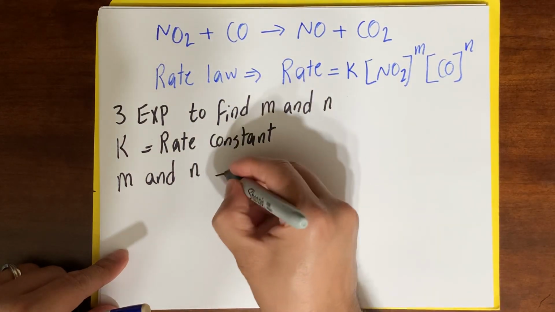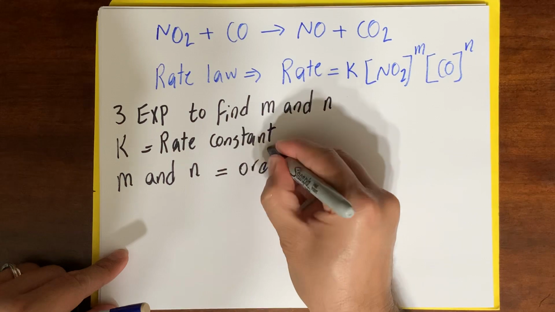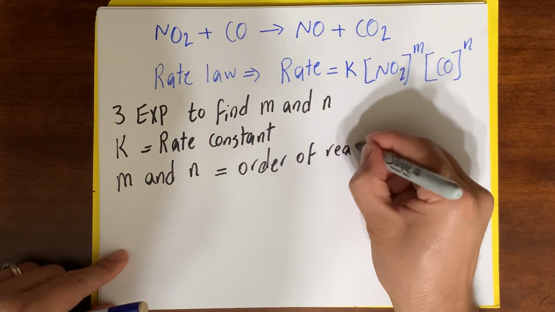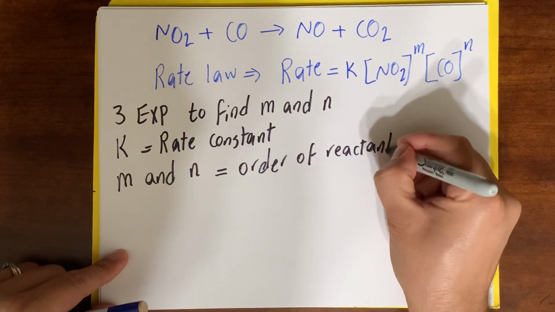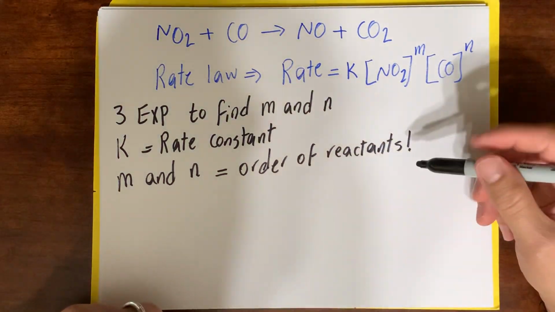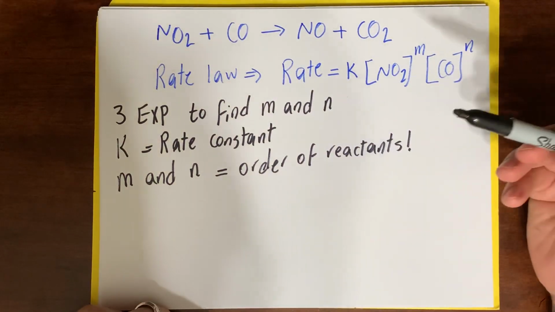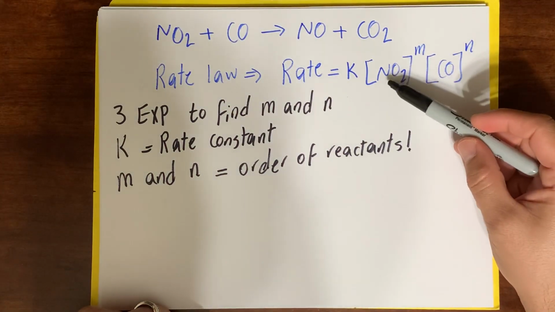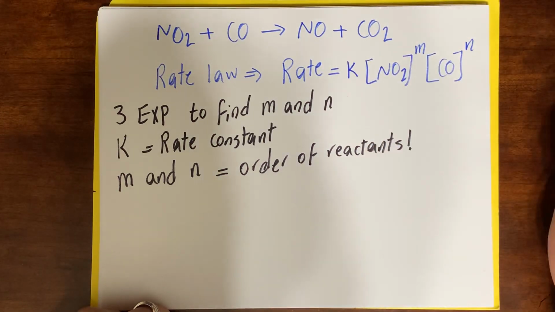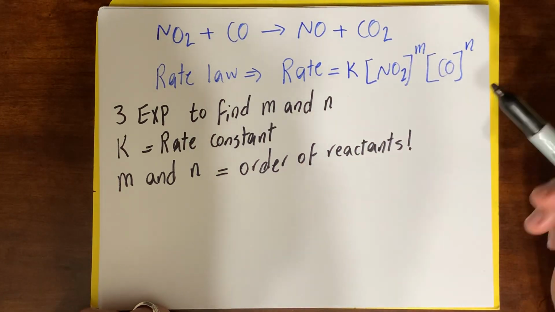We call them the order of reactant. That means they will show you if you double the concentration of NO2, what will happen with the rate of the reaction, and the same thing with CO.